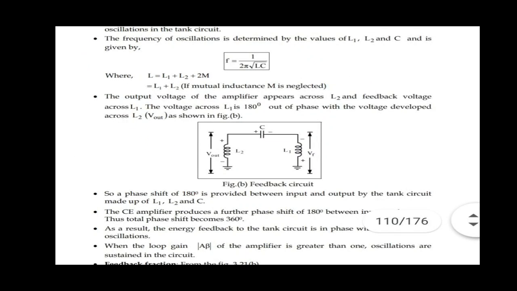The frequency of oscillation is determined by the values of L1, L2 and C, and is given by f equal to 1 by 2π under root LC, where L is L1 plus L2 plus 2M. The mutual inductance M is neglected.